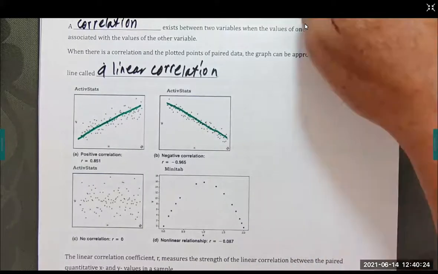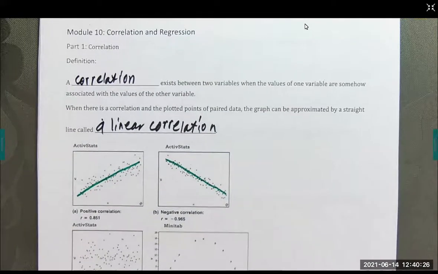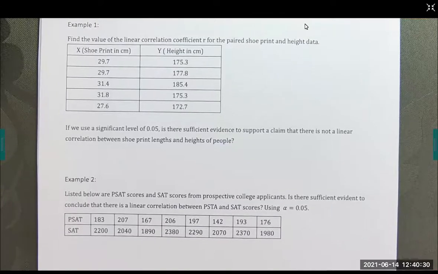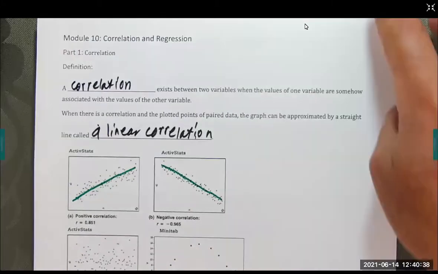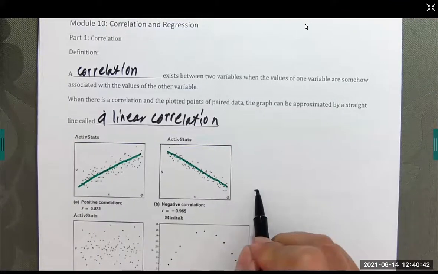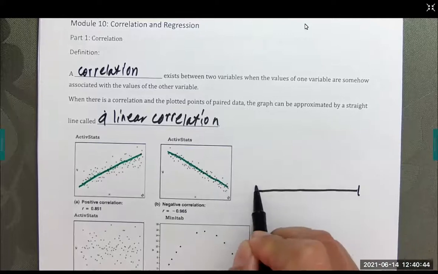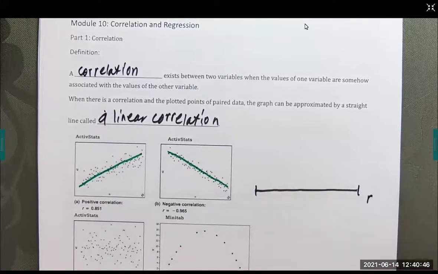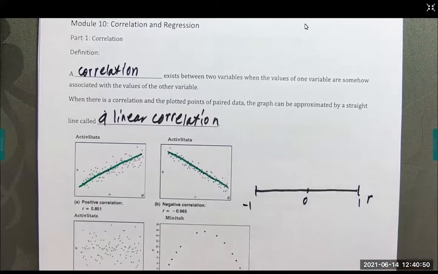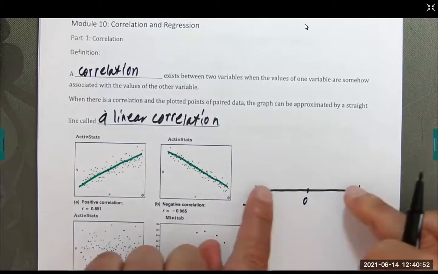Let's do some examples. Example 1: find the value of the linear correlation coefficient for the paired shoe print. Actually, before we do that, I want to draw a little picture. When we have the graph of R, this is R, this is at -1, this is at 1, and this is at 0. Remember, the strongest linear correlations are at the ends.